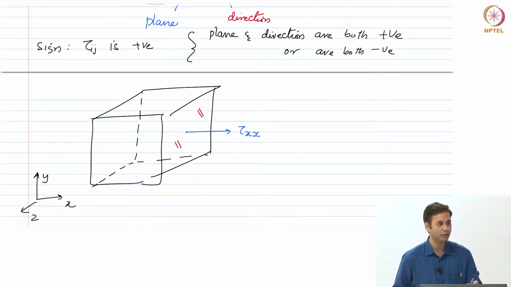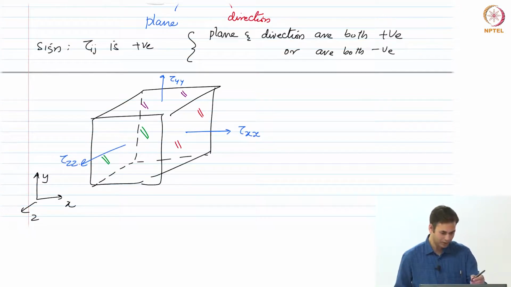This plane has a normal in the x direction and this is also acting in the positive x direction, okay. And similarly tau yy would be this one, where this plane is a y plane, whose normal is in the positive y direction, and this is also acting in the positive y direction. And similarly the other normal stress is tau zz. This is also acting on the z plane and acting in the positive z direction, okay.